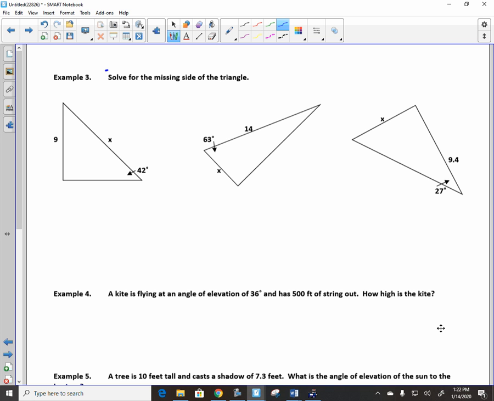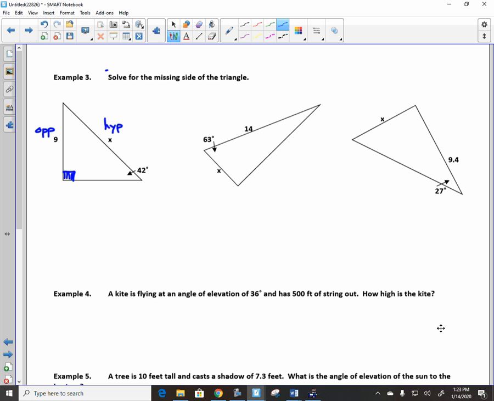So what I do is I mark this as a 90-degree angle. I have 42 degrees. What is x? The adjacent, the hypotenuse, or the opposite? Hypotenuse. Is 9 the opposite, adjacent, or hypotenuse? It's the opposite. So look at what I have. I'm given the opposite. I'm looking for the hypotenuse.